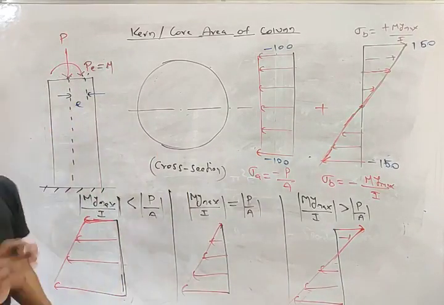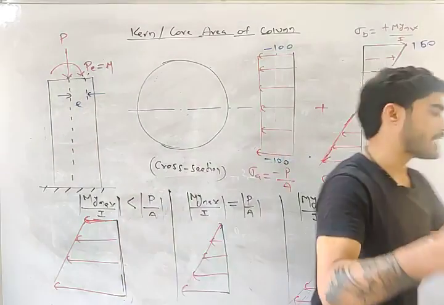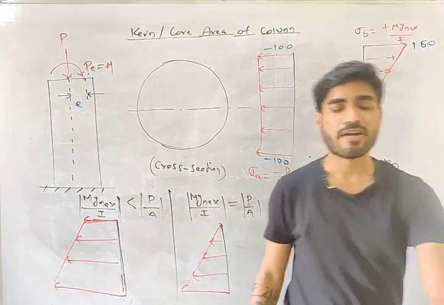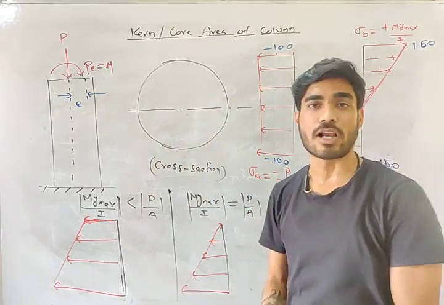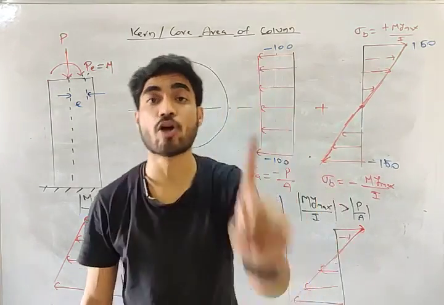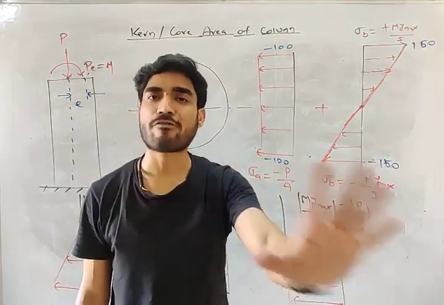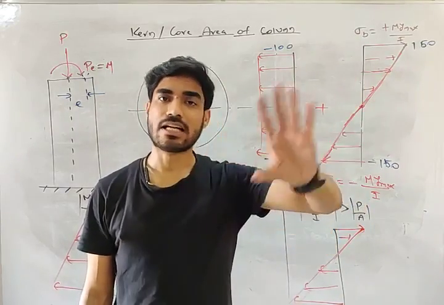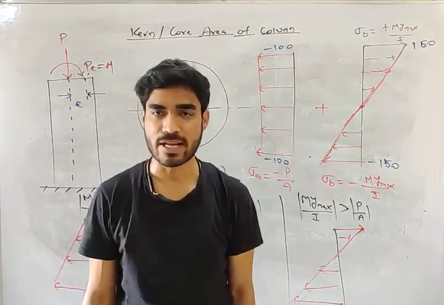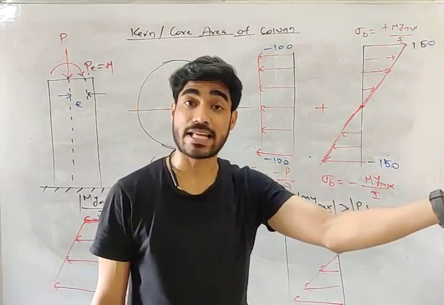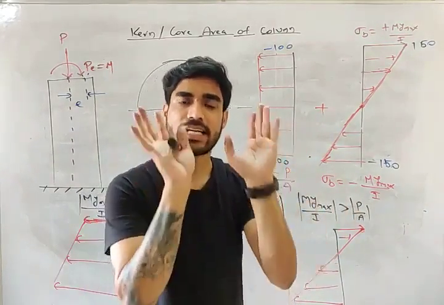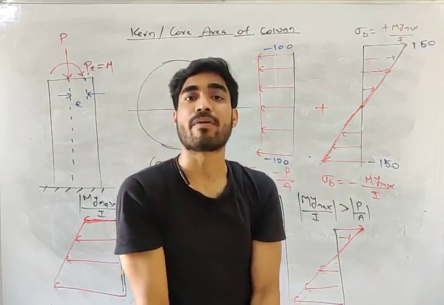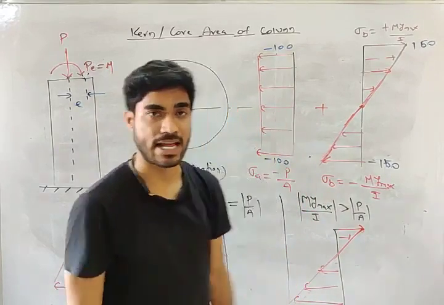There are some applications of column where we need the entire stress in the cross section of column to be compressive. You don't have to worry about those cases. The design of column is not in our syllabus. In some cases the stresses in column should be completely compressive, with no tensile stress.